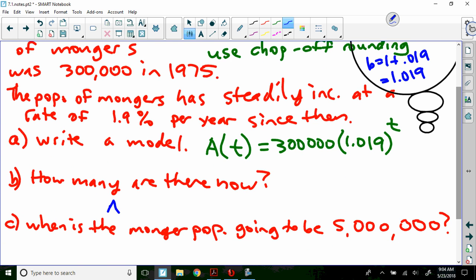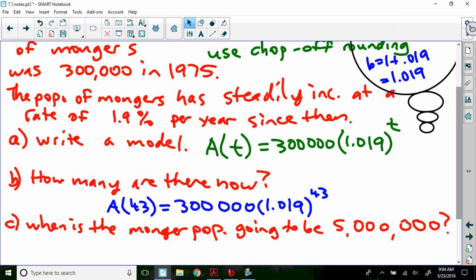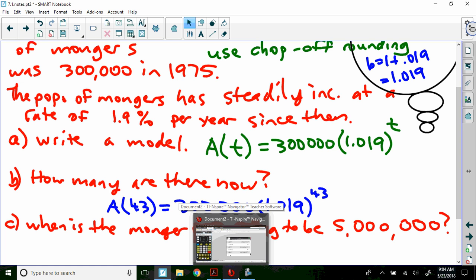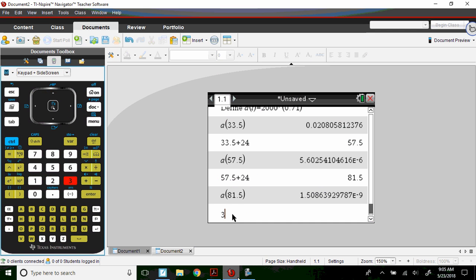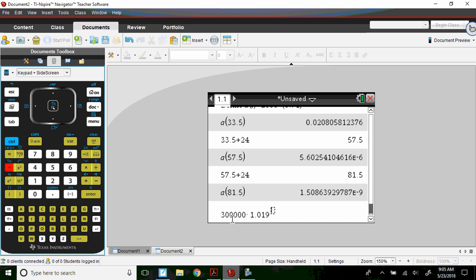So the amount of mongers right now, the amount after 43 years has passed, is going to be 300,000, my bad, 300,000 times 1.019 to the 43rd power. And remember, we want to use the chop-off rounding method. So my Inspire probably doesn't play well with my smartboard, but I'm going to give it a go. 300,000 times 1.019 to the 43rd power.